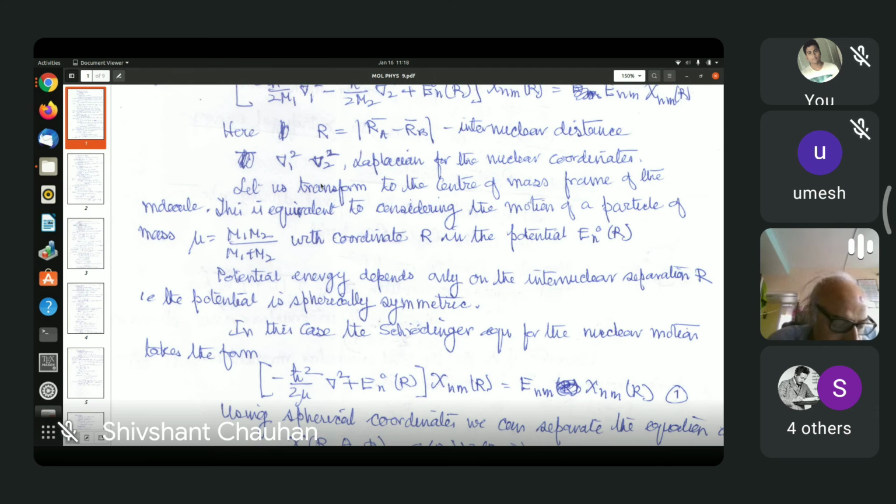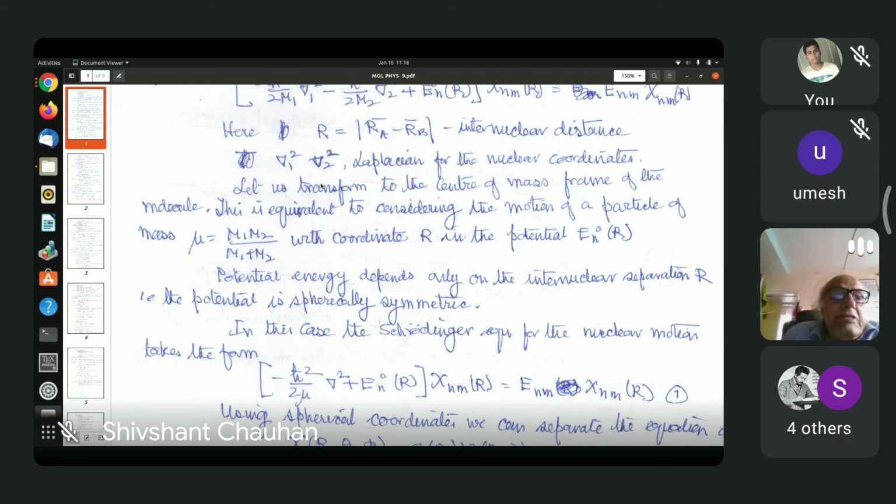Here also we do basically the same thing: we separate the Schrodinger equation into R, theta, phi equations. The R equation contains the potential.